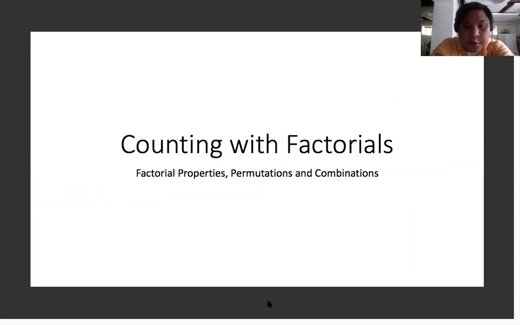This week, we're going to expand on such knowledge, and we are going to incorporate that with permutations and combinations. Factorials is an important procedure in understanding how to compute for permutations and combinations.